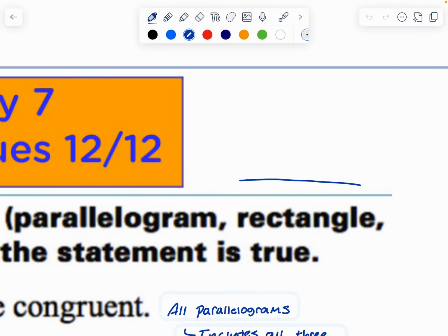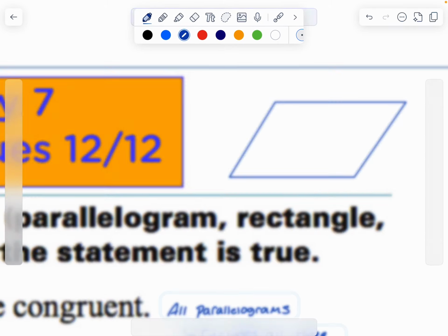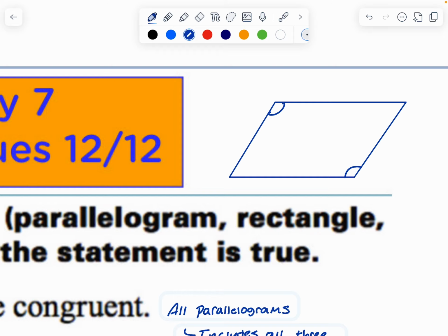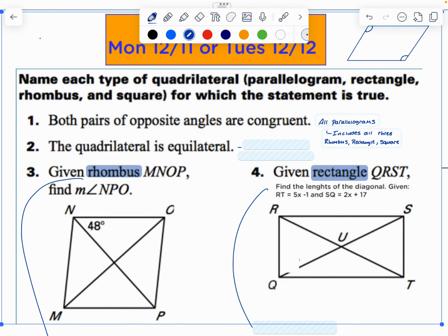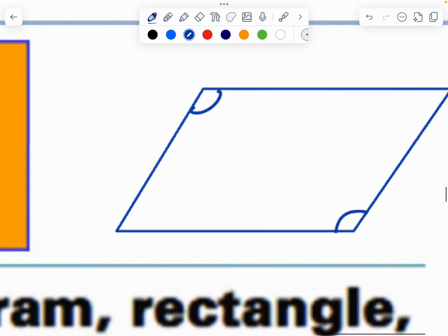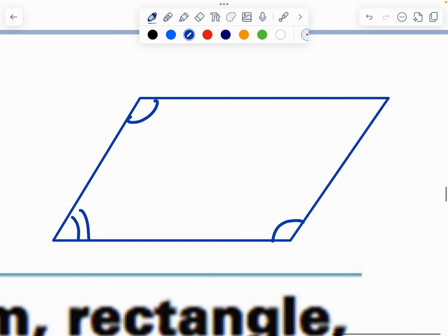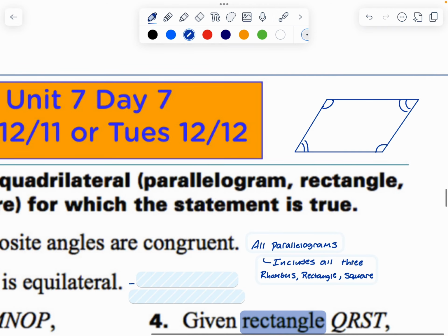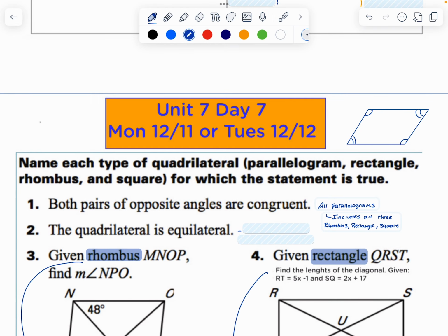If we have a parallelogram here, I know it is always true that those opposite angles are congruent. That these opposite angles are congruent as well. I know that is always true.